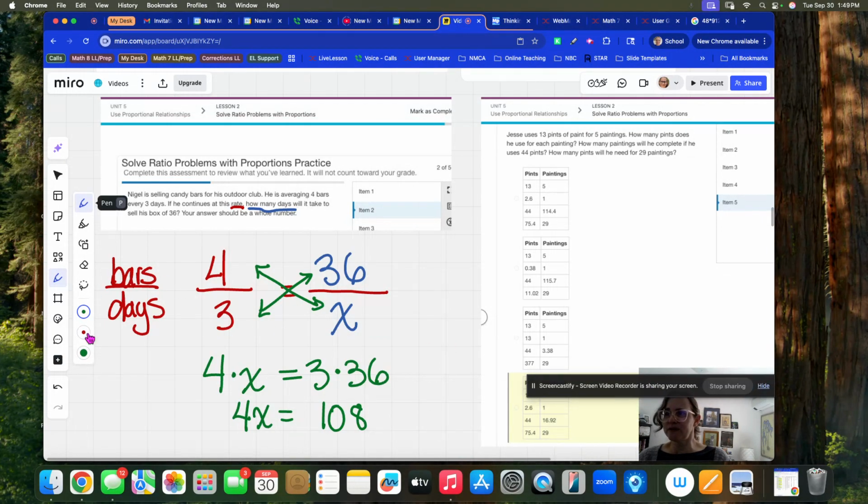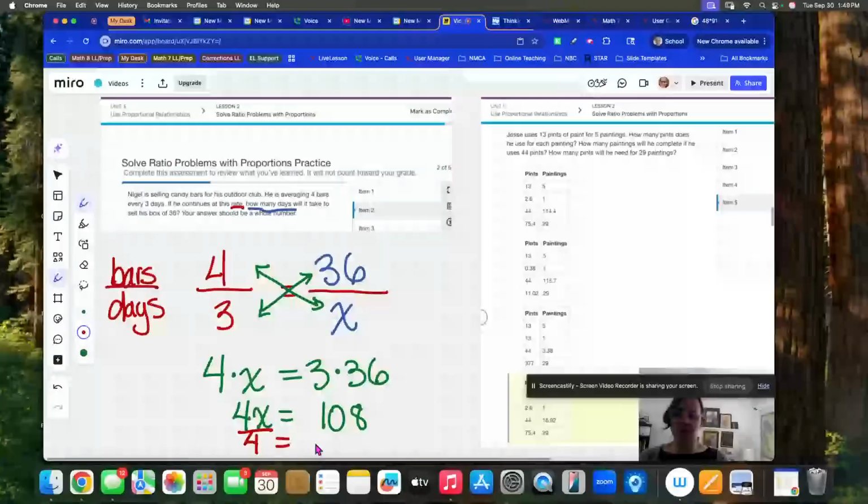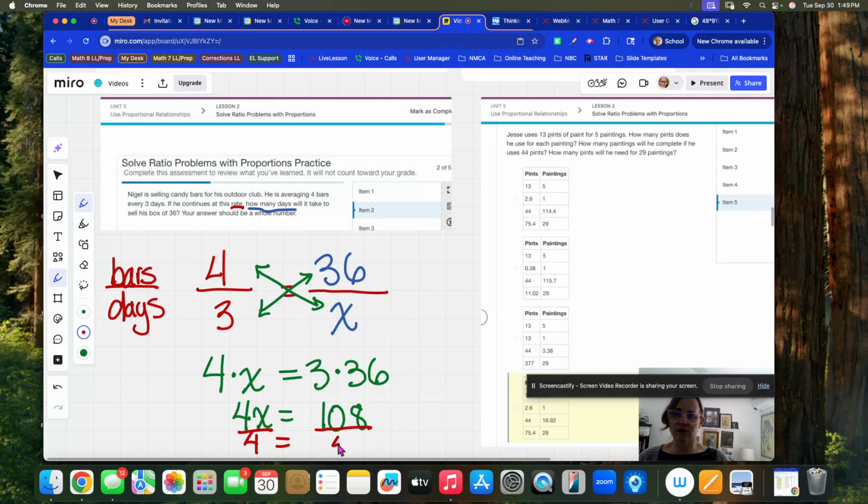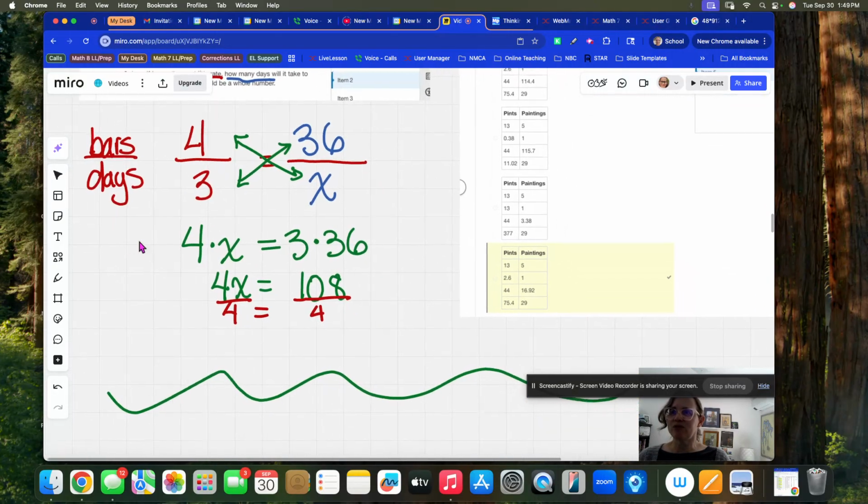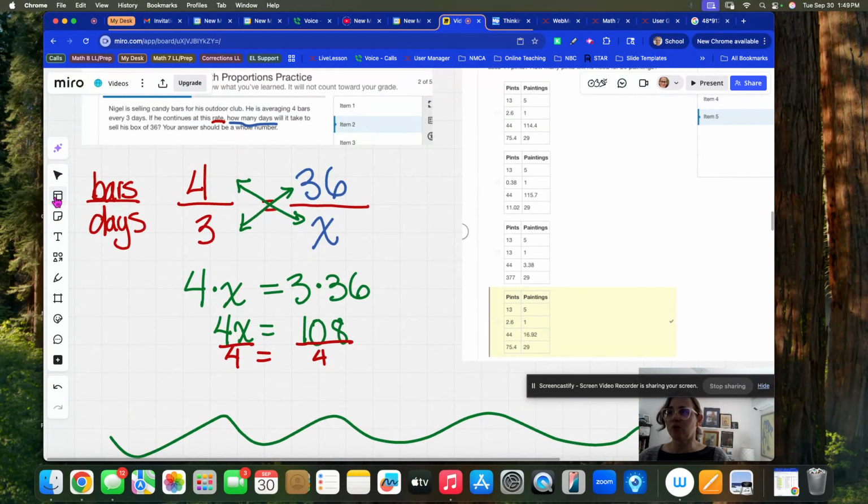And to solve this equation, we're going to divide on both sides by 4. Do the same thing on both sides to keep that equation balanced. If you don't do the same thing on both sides, the two sides won't be equal anymore.